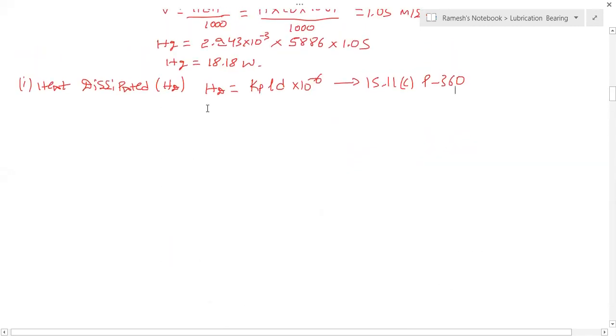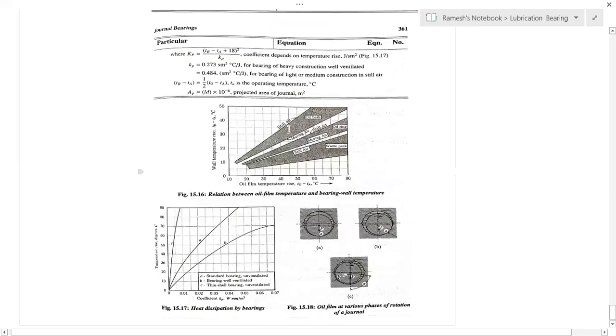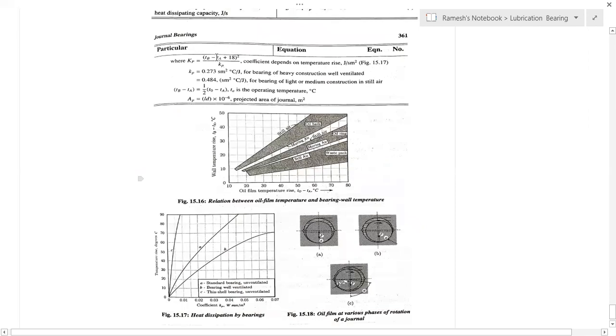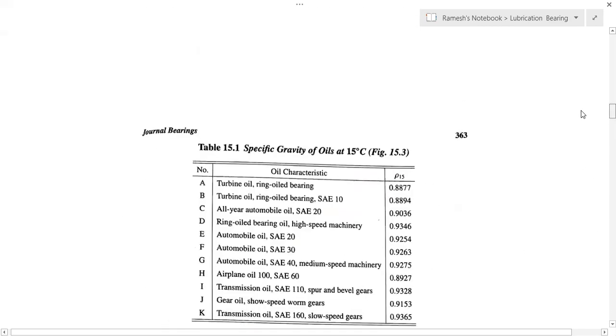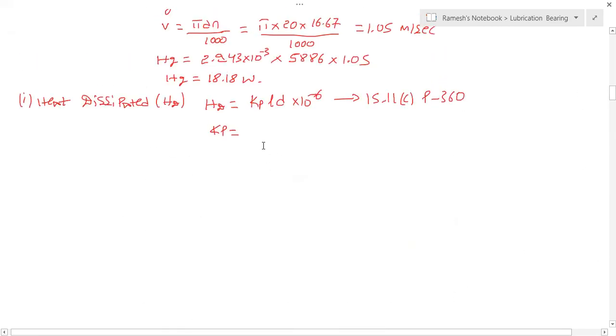Therefore, the heat dissipated is equal to the temperature difference, that is Tb minus Ta plus 18, whole square, divided by Kp. I'll be substituting all the values here directly.